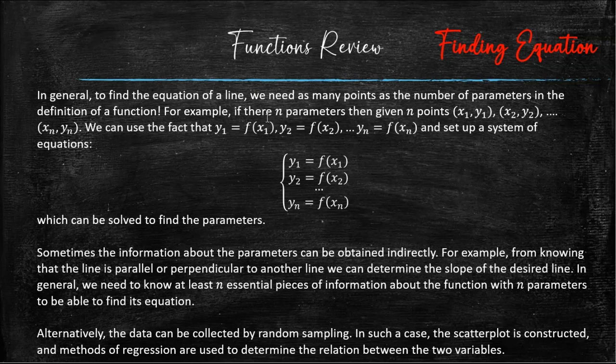So at least you should know what it takes to find the equation. And the rule of thumb is that if in the equation of your function there are n parameters, then you need exactly n points. So for example, if the straight line has equation f of x equals mx plus b, how many parameters are there? m and b. So you need 2 points to figure out the equation of that line.